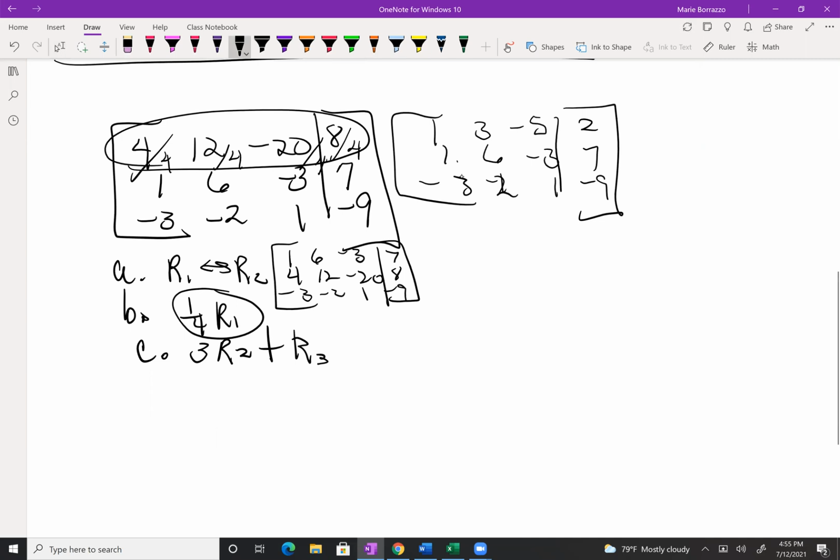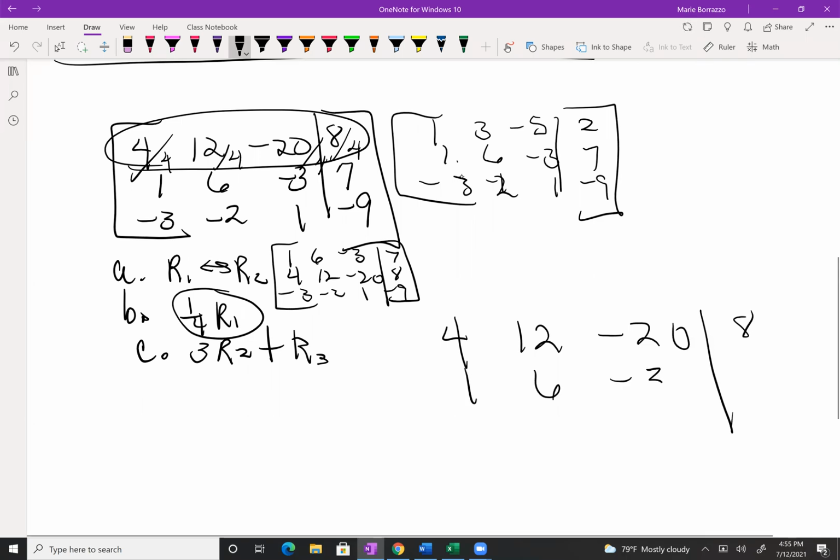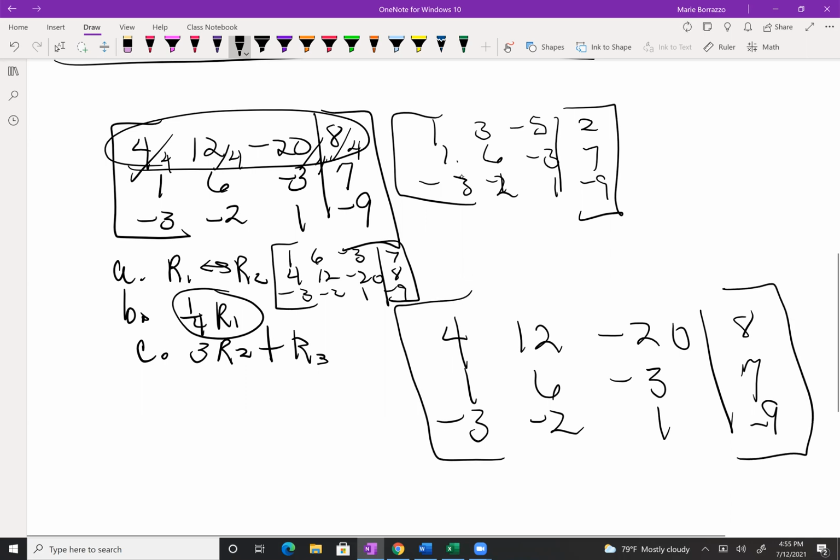Going back to the original. So we're going to go back to our 4, 12, -28, 1, 6, -3, 7, and -3, -2, 1, -9. All right. So according to this, what's going to get changed is row 3.